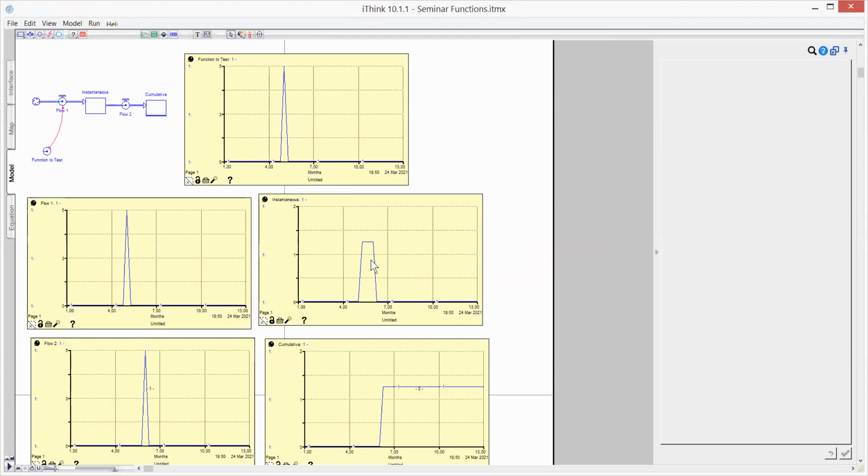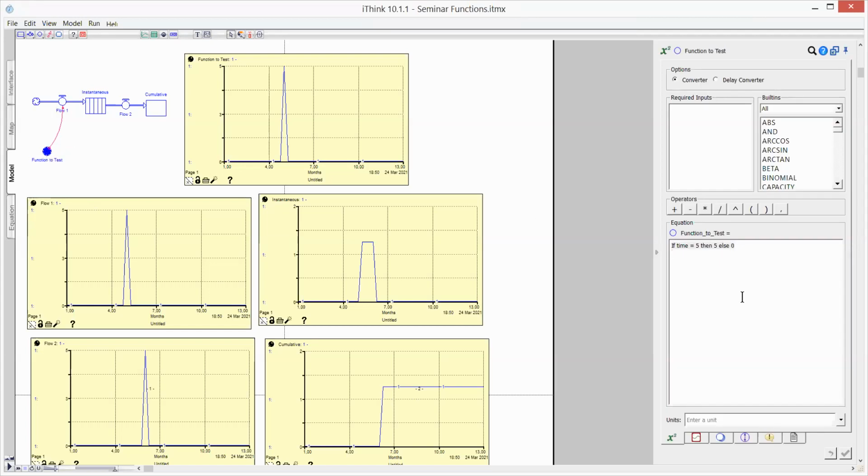Instantaneous tells me that something's wrong, because the value here over a full time unit is not the 5 that I anticipated. Flow out is 5, but here you can see again on the cumulative, I'm not getting the 5 that I expect. So what have I done wrong here? Let's try another thing, and say, well, maybe the problem is that I go back to 0.